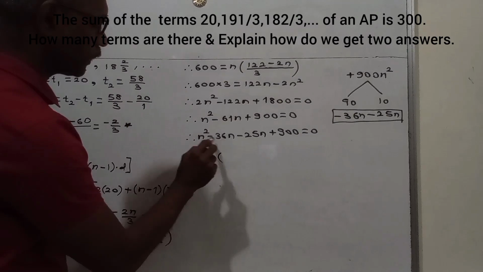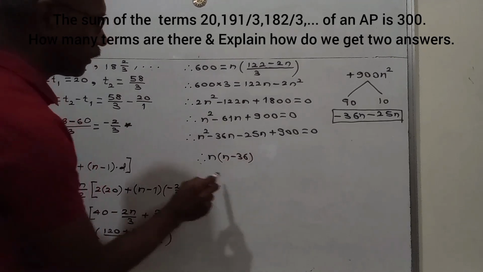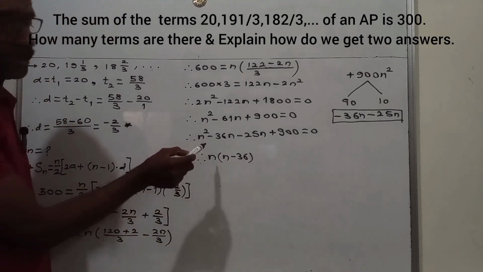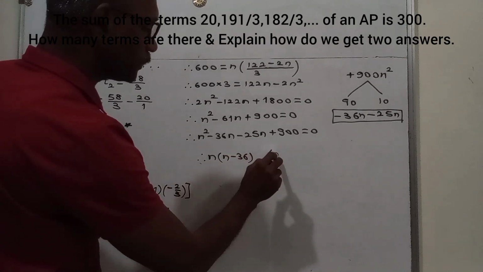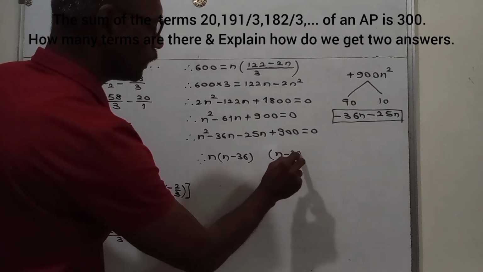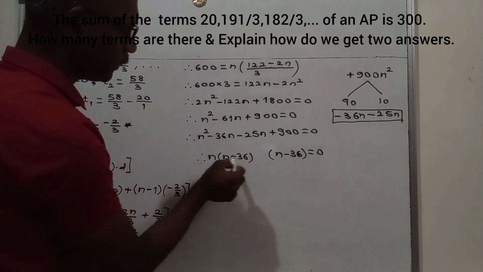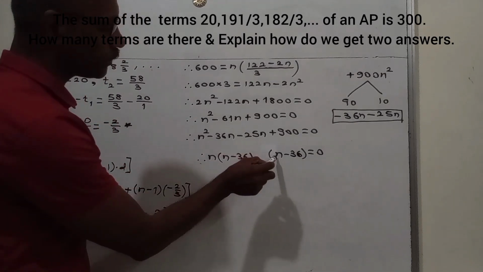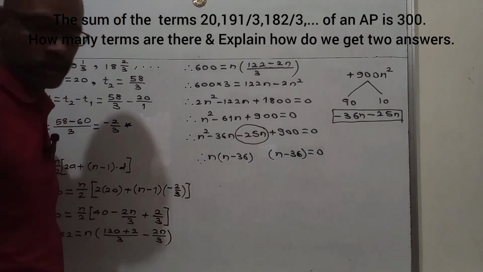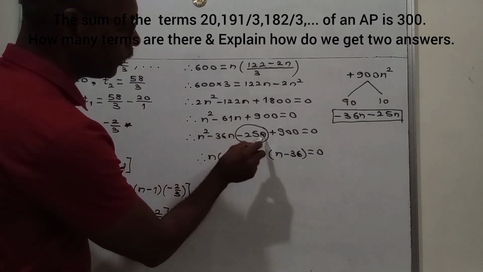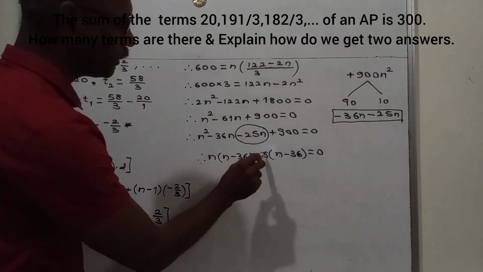Therefore n common: n (n minus 36). This is a quadratic equation. Then the same bracket, as I have told you many times while solving quadratic equations. Now n minus 36 here also, and minus 25n, so taking n common from the first part, what is left is minus 25.